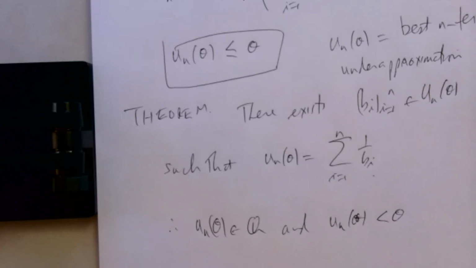There can be multiple ways of expressing this best under approximation, which, among other things, would say that many times the greedy under approximation, even if it's unique, even if it's the best, may not be the best unique under approximation.